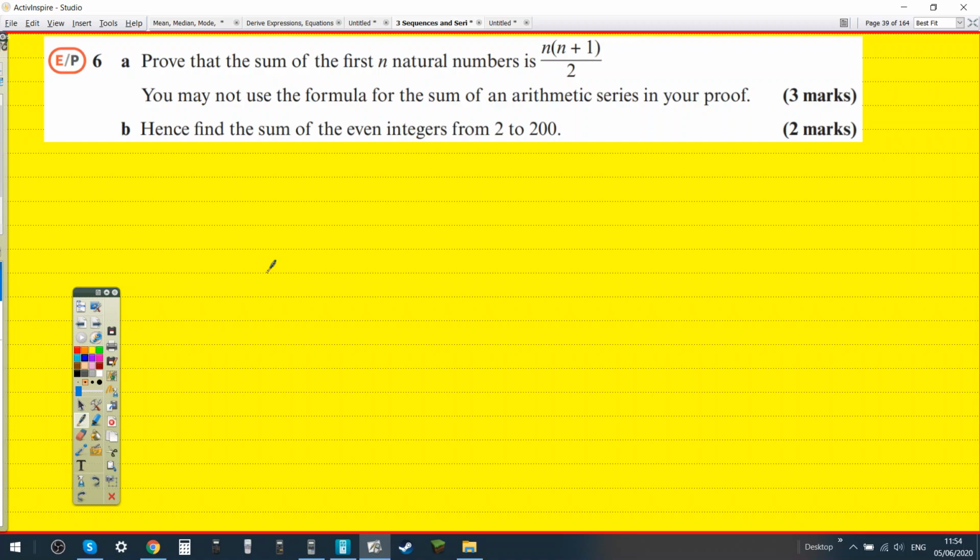Would I have to sub in whatever n is? Yeah, and some of the one? Any idea what n would be? Would it be 2 and 200? It's the even numbers. How many even numbers are between 2 and 200?